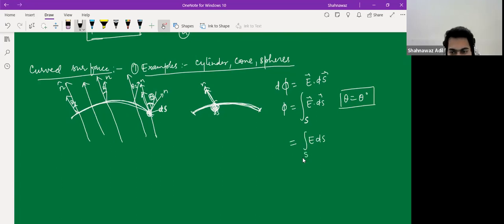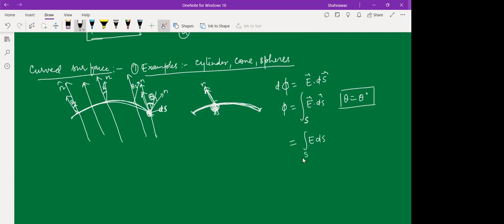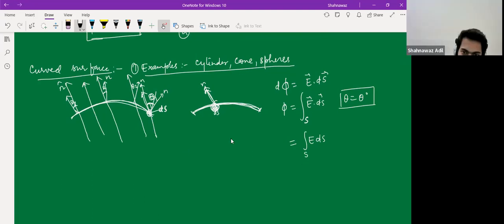Sir, why is theta 0? Yeah, because let's say you have this electric field, and I have taken this area element in the direction of this electric field. So the normal to this vector would be in the same direction as this electric field. I have taken my small area element like this.